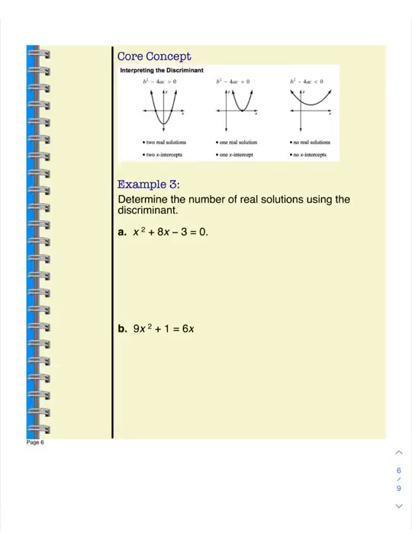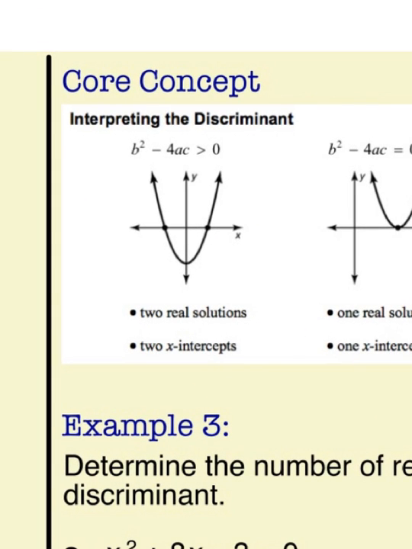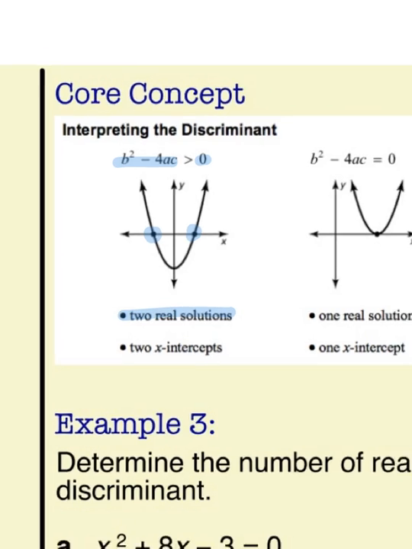The next core concept focuses on the discriminant. So thinking of that last example, if we had known that it was a negative under the square root, we could skip the quadratic formula altogether because we know that there are no real solutions. If we're thinking of how those graphs look, if the discriminant, so this is the number under the square root, is greater than 0, it crosses the x-axis twice. There are two real solutions.